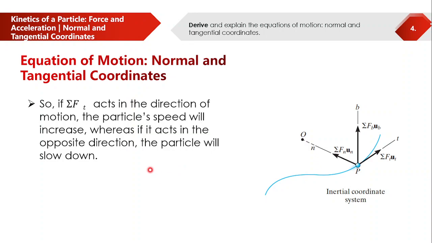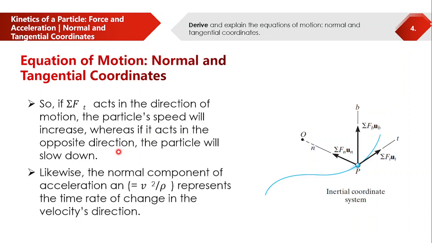If the force acting is in the direction of motion, the speed of the particle is increasing, or accelerating. And if it acts in the opposite direction, then it is decelerating, and its velocity decreases.